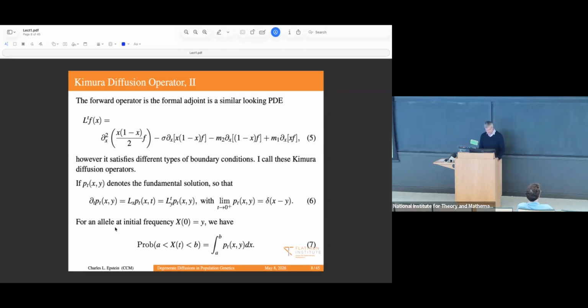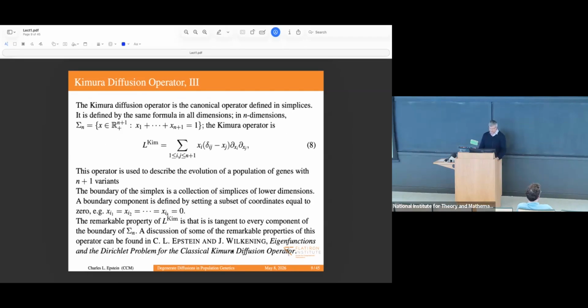So for example, if you start out with the allele at time 0 at frequency y, and you want to know what's the probability that the frequency is going to be in an interval between a and b at time t, you just integrate this p sub t in the x variable, and that gives you the probability. So you see how this sort of defines the continuous time stochastic process.